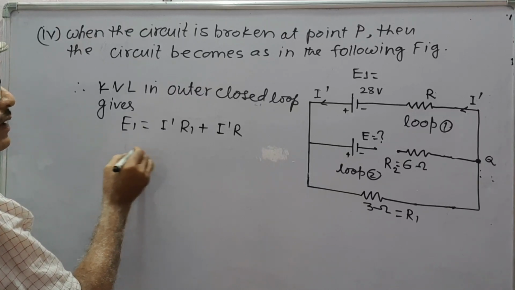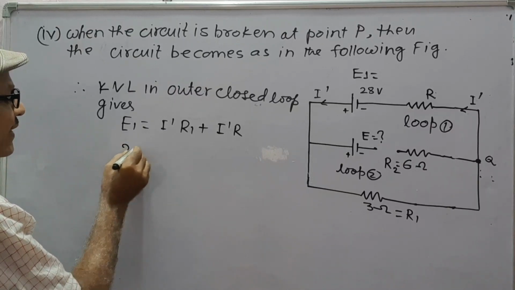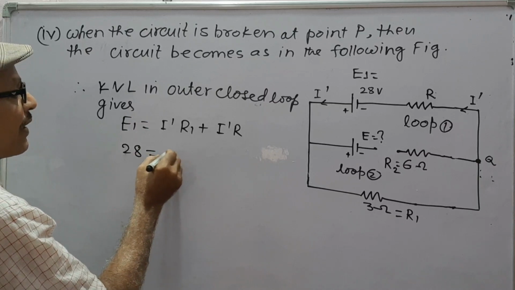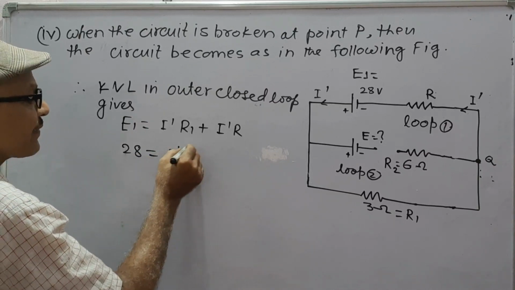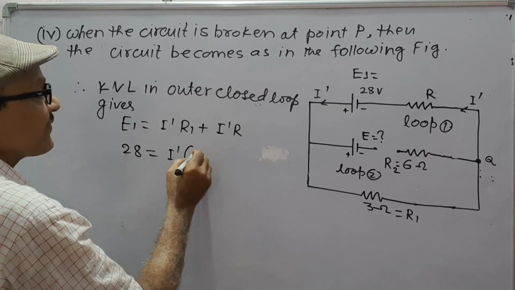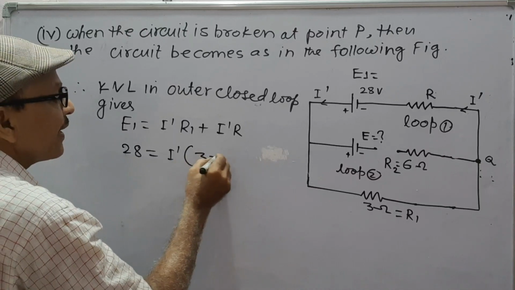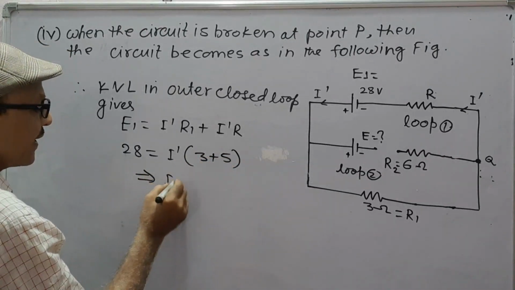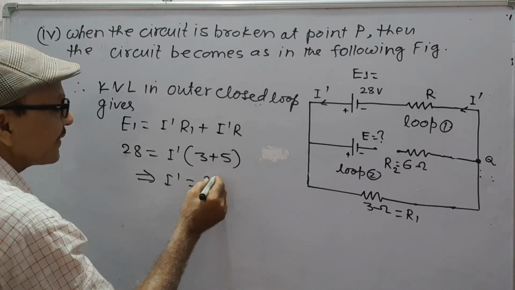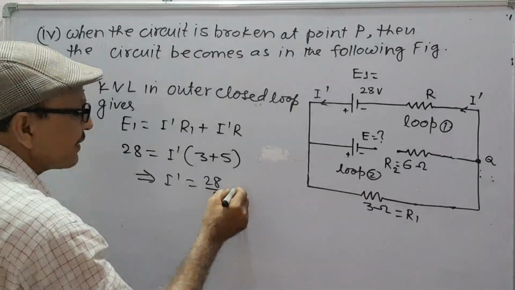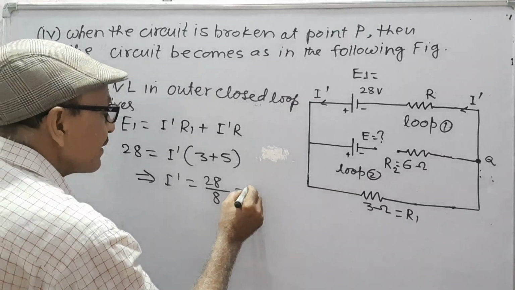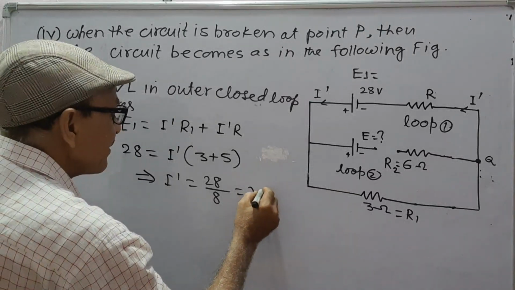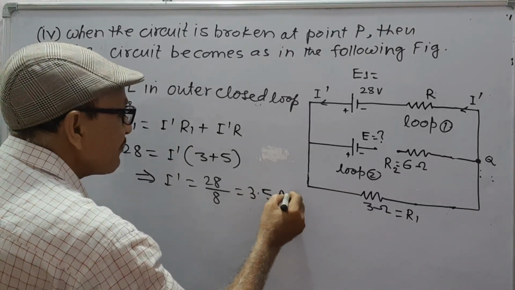So 28 is equal to I dash taken common, R1 plus R. R1 is 3 and R is 5, which gives I dash as 28 upon 8, that is 3.5 ampere.